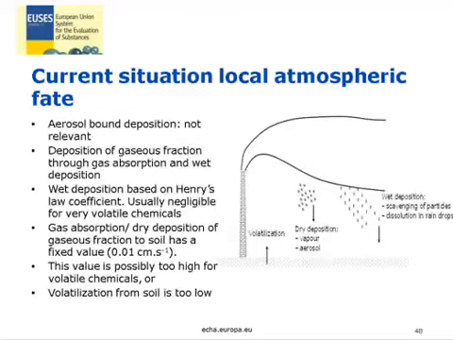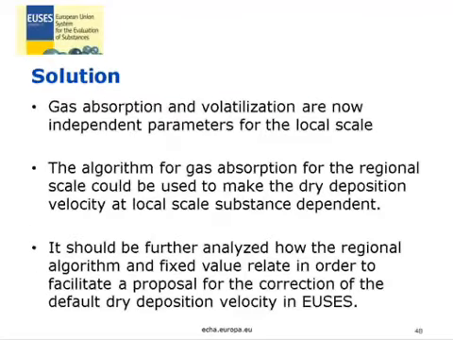So these are the two possibilities. We have to look into further detail. So gas absorption and volatilization are now actually two independent parameters. We have this fixed value and we have the volatilization from soil based on the simple box equation for gas absorption and volatilization.